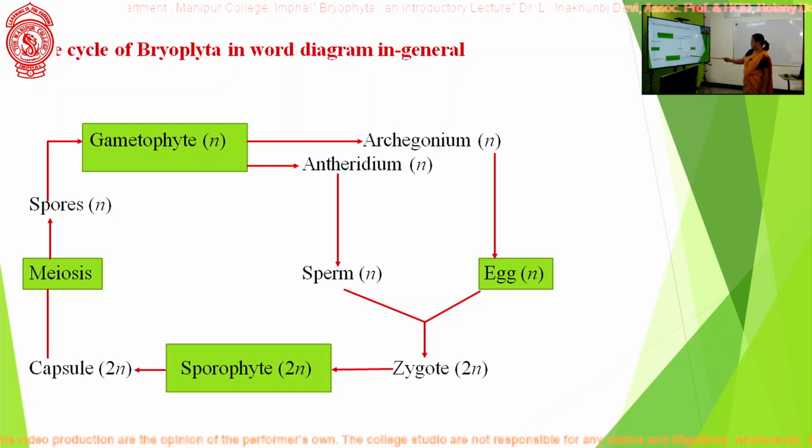The formation of the zygote, having twice the number of chromosomes, is known as fertilization. So fertilization is nothing but the union of the male and female gametes forming the zygote, and this is embryo formation.